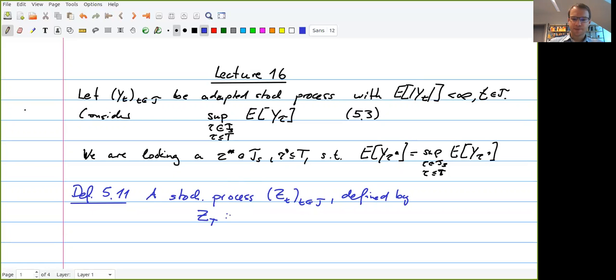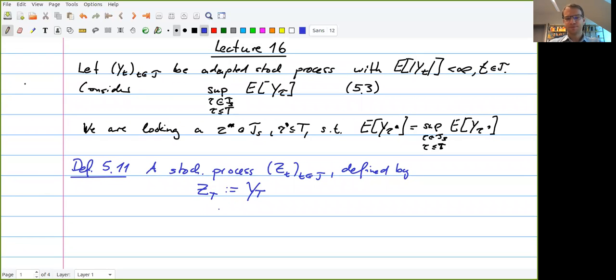We start at the terminal time and say, at the terminal time, my process Z should be equal to Y.